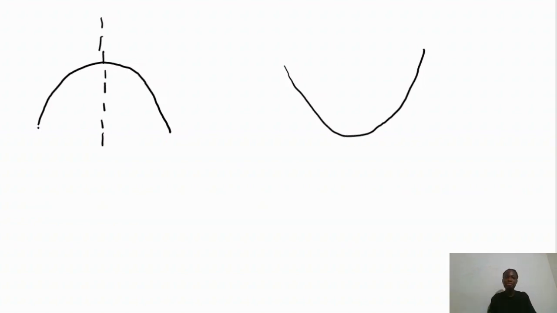When you hit the axis of symmetry, your direction is going to change, and now you are going to see that this part of the graph is facing this part. So that is what is called the axis of symmetry. This imaginary line that divides a graph into two equal parts is what is called the axis of symmetry.